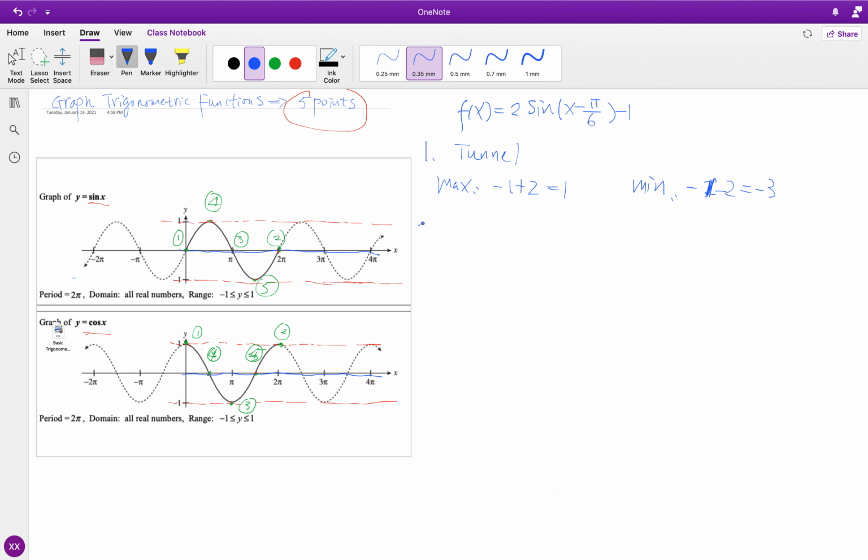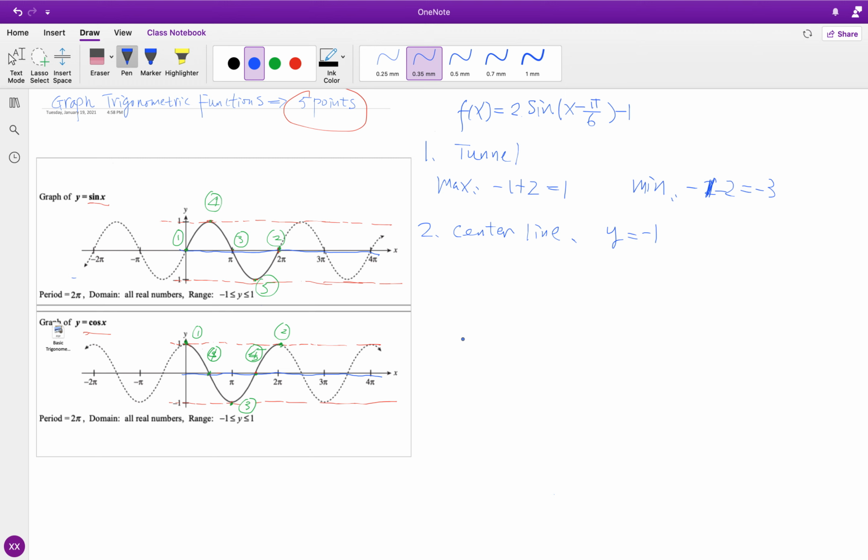And then the second one is our center line. Note, I just said before, the center line is your vertical displacement. So in that case, your center line is y equals -1. Okay, so why don't we construct this very basic thing here, and then we're going to fill out all the other points. So let me try.